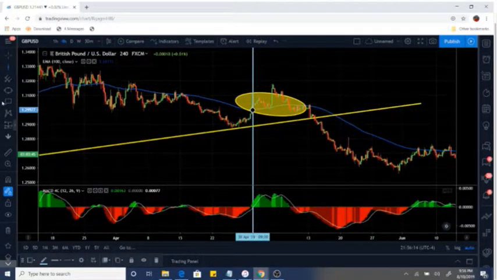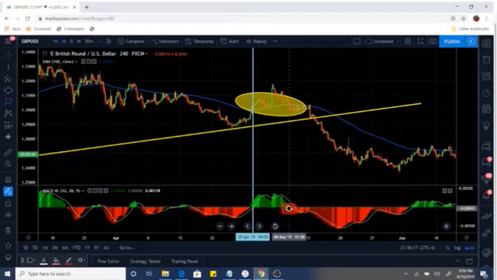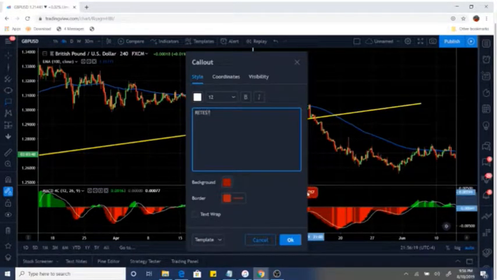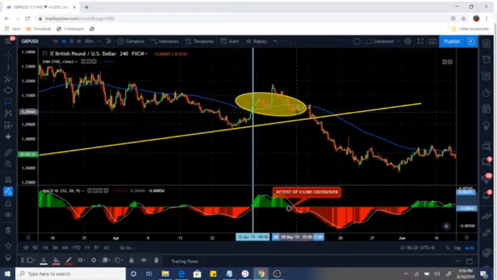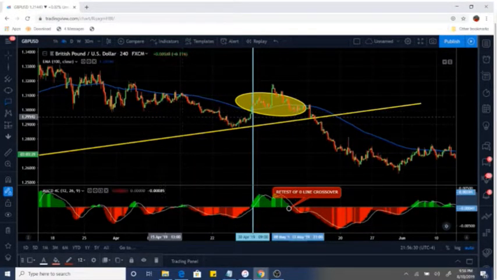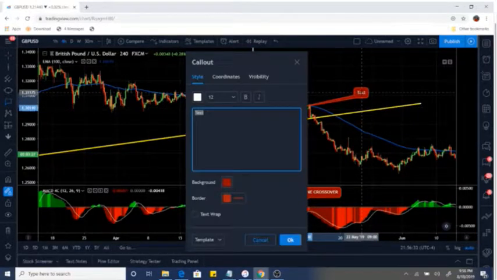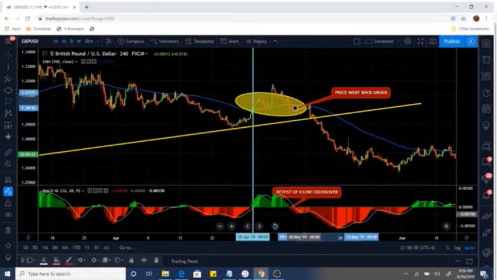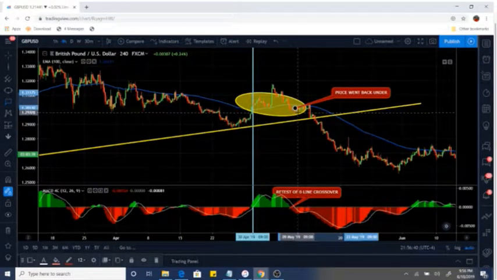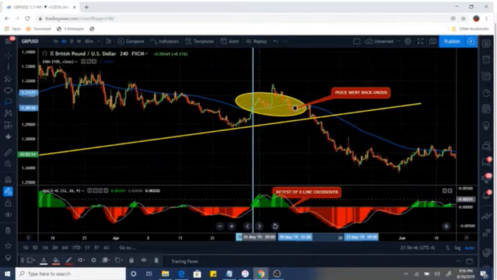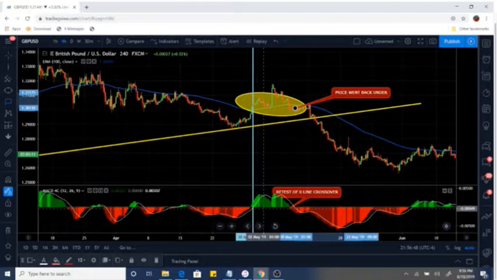But when this retested my zero line crossover, what happened? Price went back under my moving average. See that? So now I really shouldn't be buying. If this was a real buy, because people see this green right here, you would have bought.